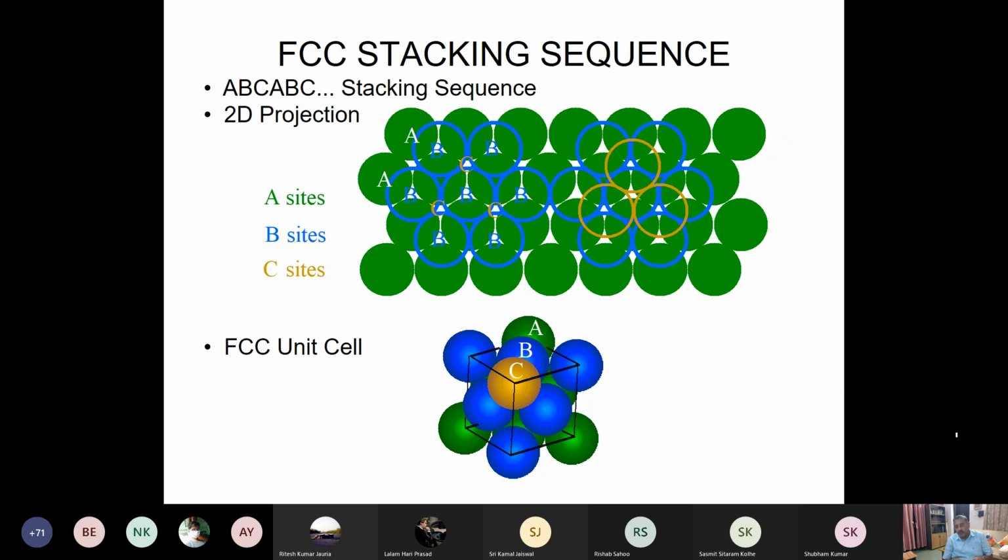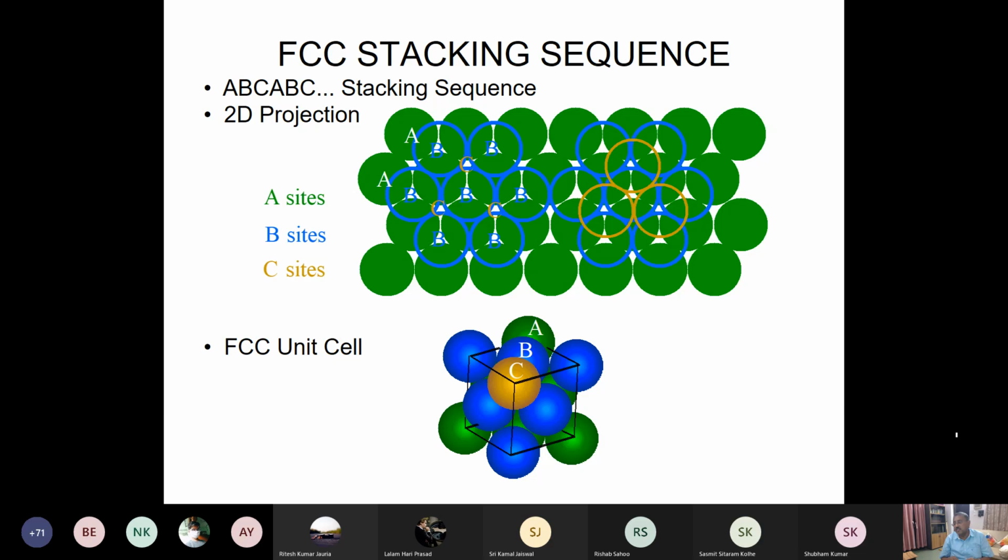If the stacking sequence is A, B, C, A, B, C, A, B, C, then it will be called face-centered cubic.